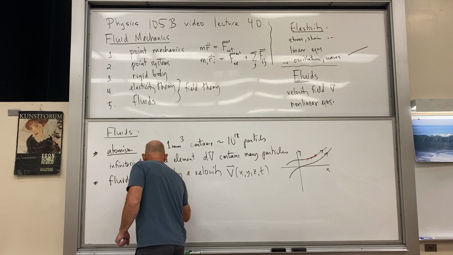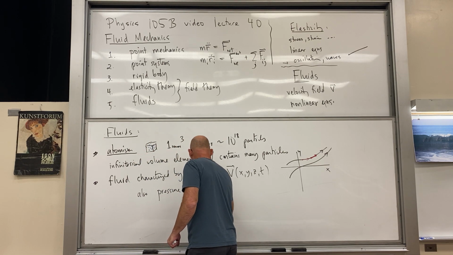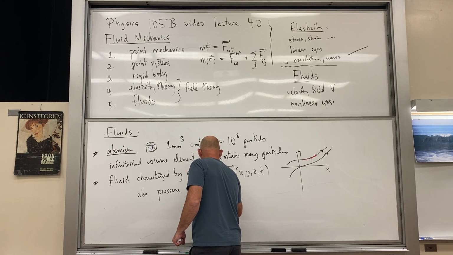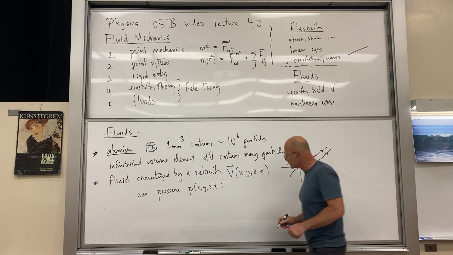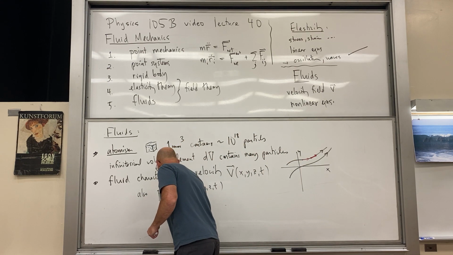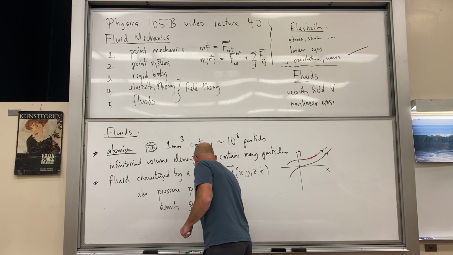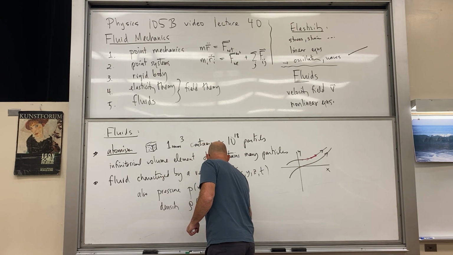Okay. Good. So the fluid is characterized by a velocity vector, also pressure, P of x, y, z, and t. Pressure is a scalar, velocity is a vector. You could have density, rho of x, y, z, and t.